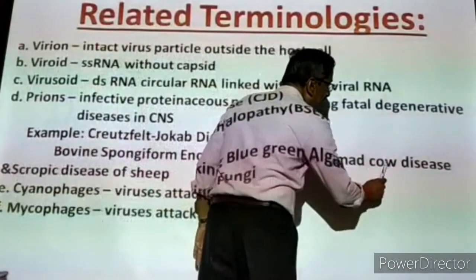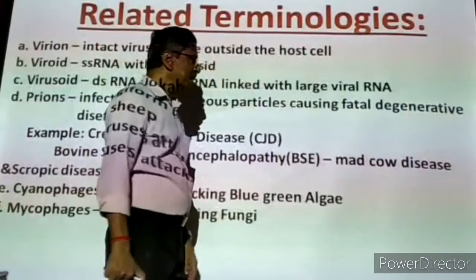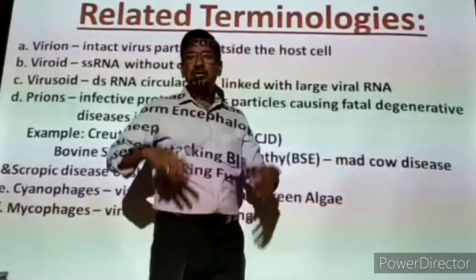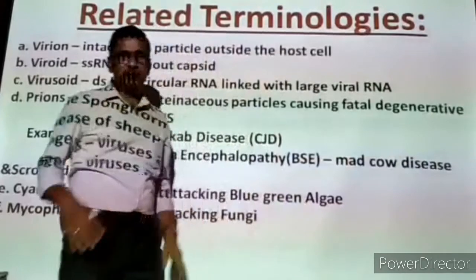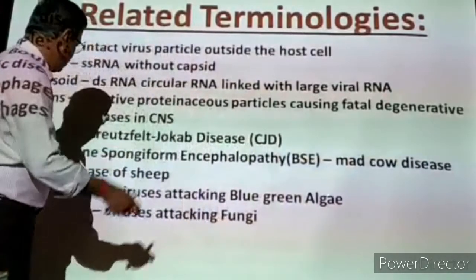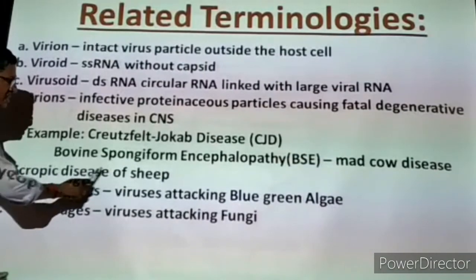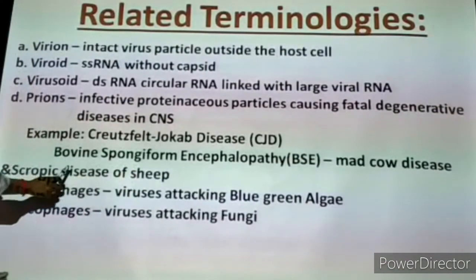It is mad cow disease. When the infection is taking place in the cow, the brain is very much affected, as a result of which the cow is becoming mad, restless, and finally it will die. Then, scrapie disease of sheep. Another disease called scrapie disease is also caused by this.